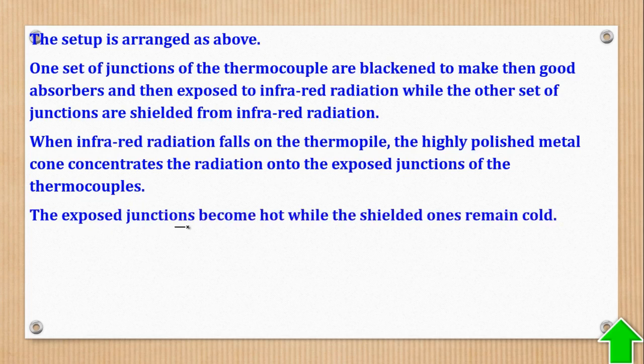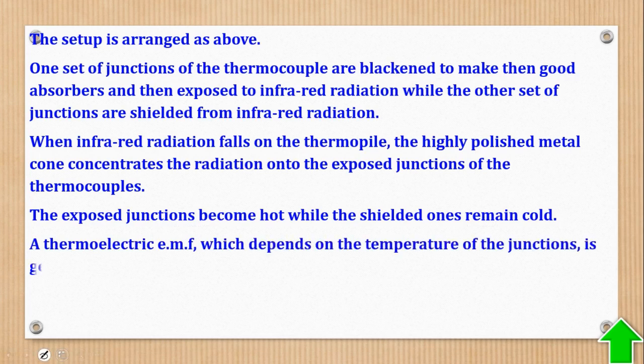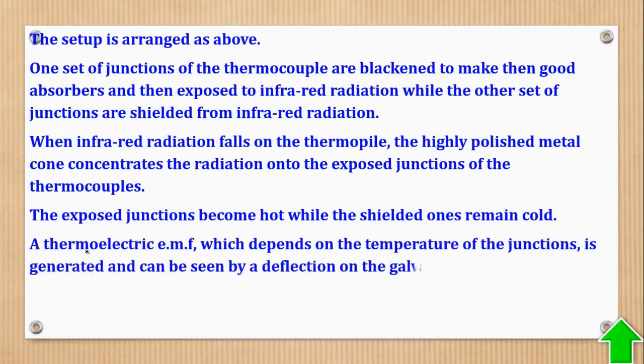The exposed junctions become hot while the shielded ones remain cold. A thermoelectric EMF, which depends on the temperature of the junctions, is generated and can be seen by a deflection on the galvanometer. So each time there's a change in temperature, there will be a thermoelectric EMF generated.